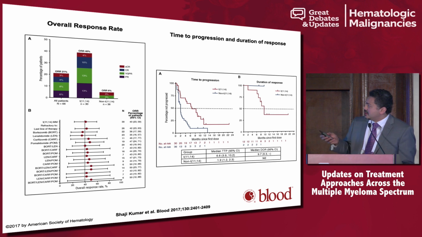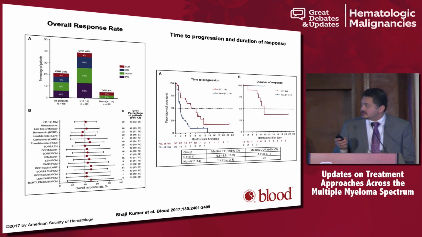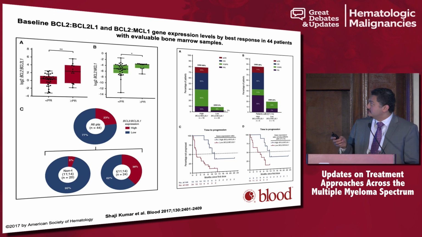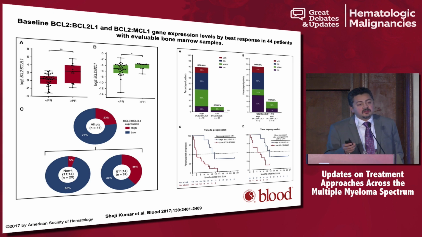This may feel like a busy slide, but if you look at the left panel looking at overall response rate, you'll recognize that in the 66 patients, the overall response rate was 21%, but specifically in translocation 11-14 patients, the single agent activity was about 40%. And the time to progression and duration of response was fairly superior for those patients.